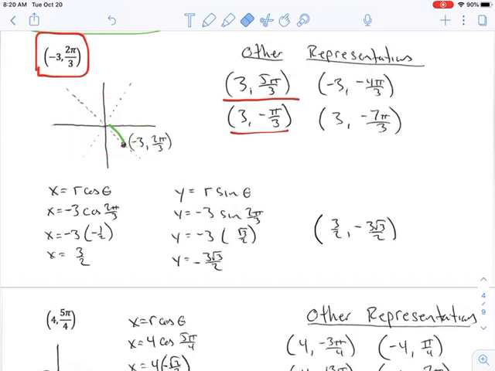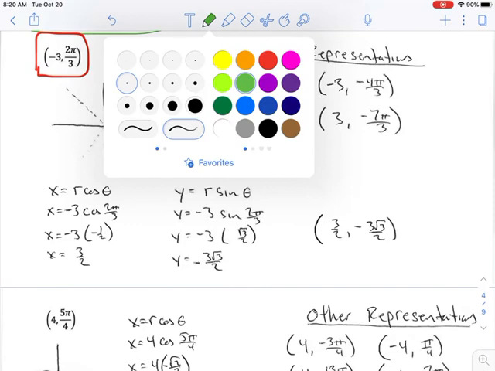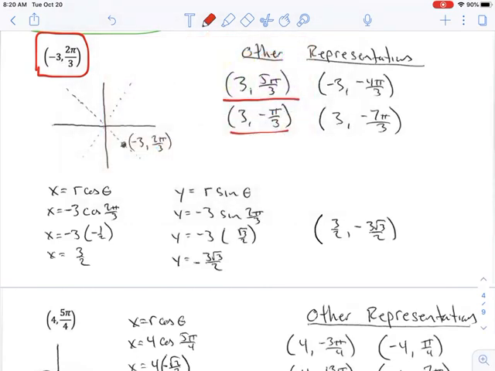And then we've got the cases where we have a negative radius here. So negative 3 and negative 4 pi over 3, that would be going all the way over here and then having a negative radius.